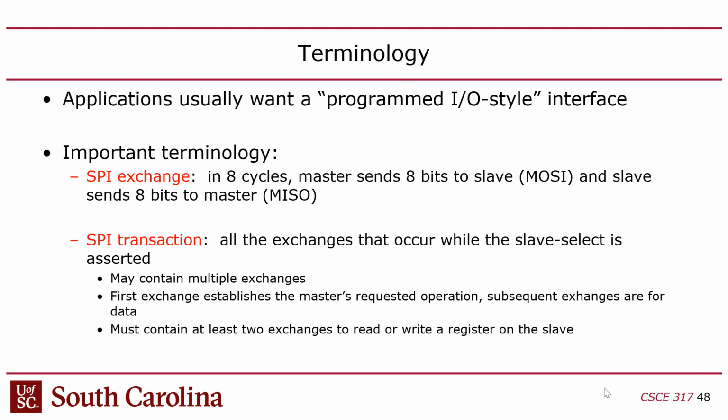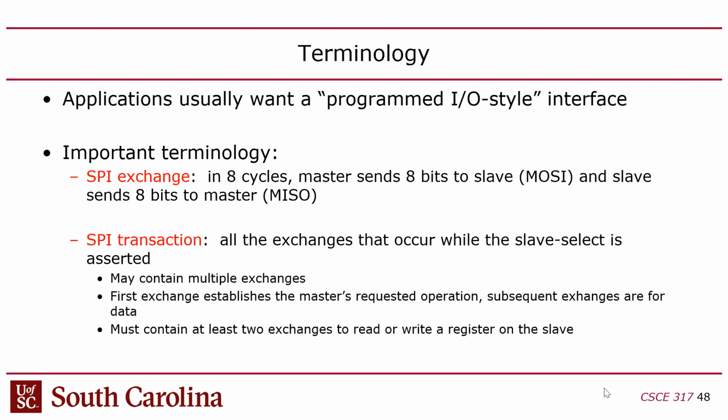Okay, so that's a transaction. An exchange is just an exchange of one byte, whereas a transaction is I want to actually do something meaningful over the channel. So a transaction usually contains multiple exchanges, meaning that the master basically just holds that slave select down for more than 8 cycles. Some multiple of 8 cycles, but more than 8 cycles, right? Meaning more than one exchange is taking place. And then the first exchange usually establishes the master's requested operation.